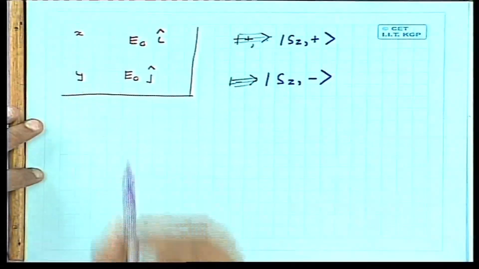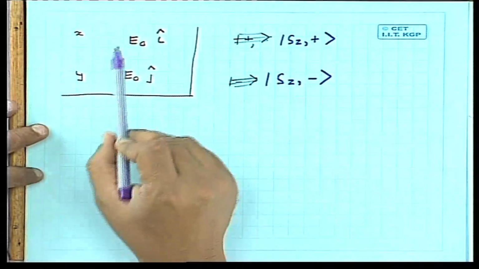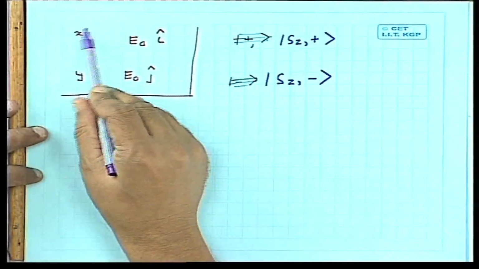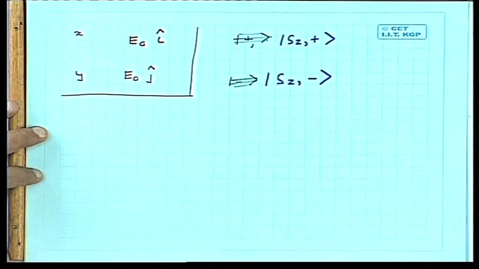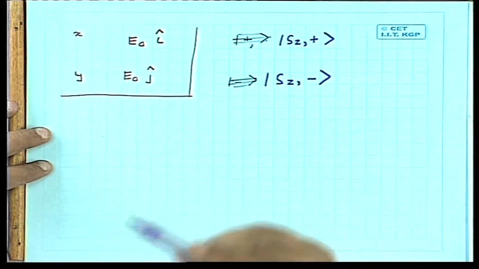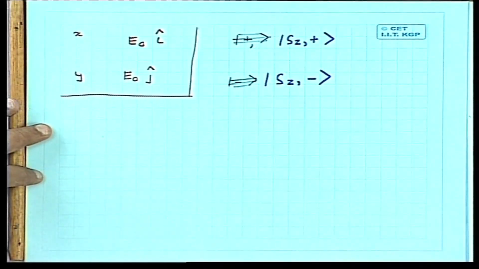So in optics, I have two polarization states, one with the electric field polarized along the x-axis, when the light is linearly polarized along the x-axis, another where the light is linearly polarized along the y-axis.